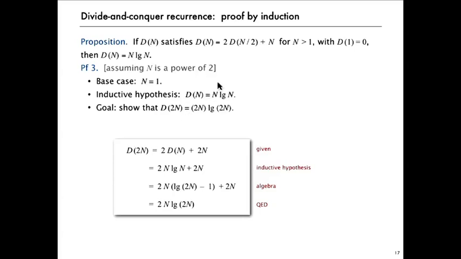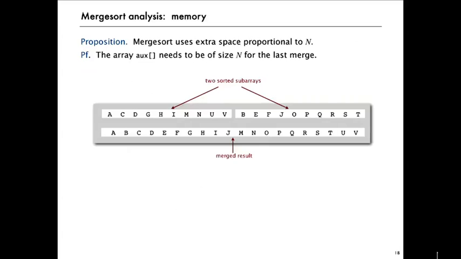With the inductive hypothesis that D(n) equals n log n, we want to show that D(2n) equals 2n log 2n. Using the recurrence, D(2n) equals 2D(n) plus 2n, plugging in n log n, we get the desired result. And you use this same idea on our initial recurrences for compares and array accesses to show that the number of compares and array accesses is proportional to n log n for merge sort.